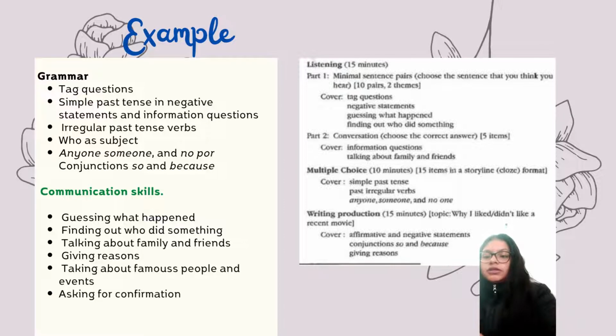So here we have another example of how to show the abilities in the test. We have the grammar test. We have, for example, topics like tag questions, simple past tense in negative, and then we have the communication skills like guessing what happened, finding out who did something, talking about family and friends.